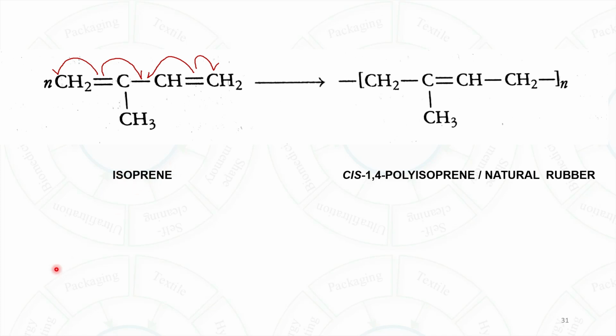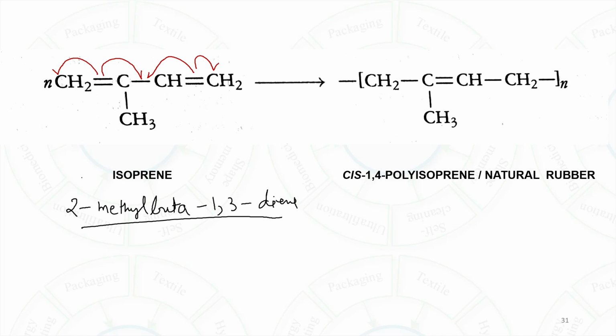If you want to write the IUPAC name, it is 2-methylbuta-1,3-diene. This is known as isoprene. When you polymerize this isoprene, I am writing polymerize here, what will happen?